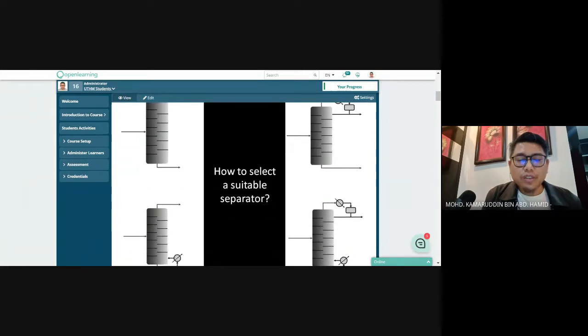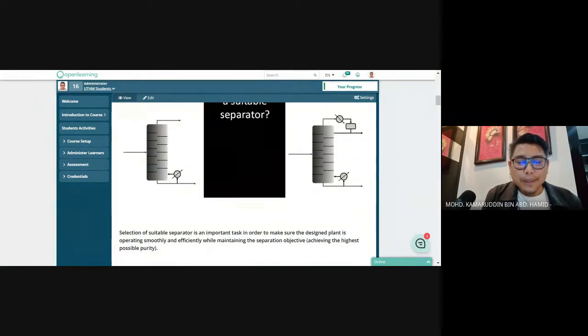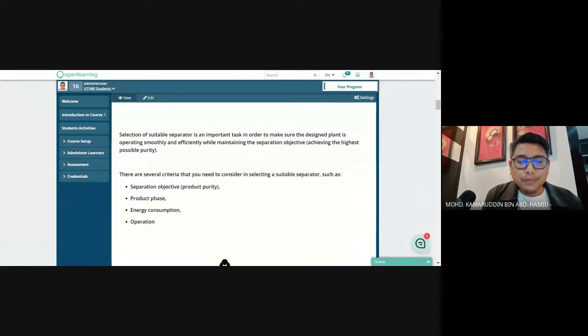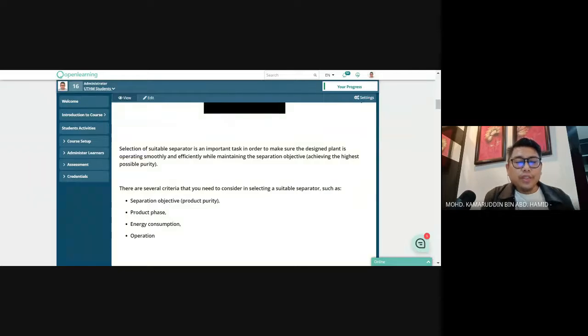Okay, part 3, how to select suitable separator. There are several criteria that you need to consider in selecting suitable separator. First is the product objective. Separation objective usually is about product purity. When you're talking about separation objective, is to separate individual component at the desired purity.